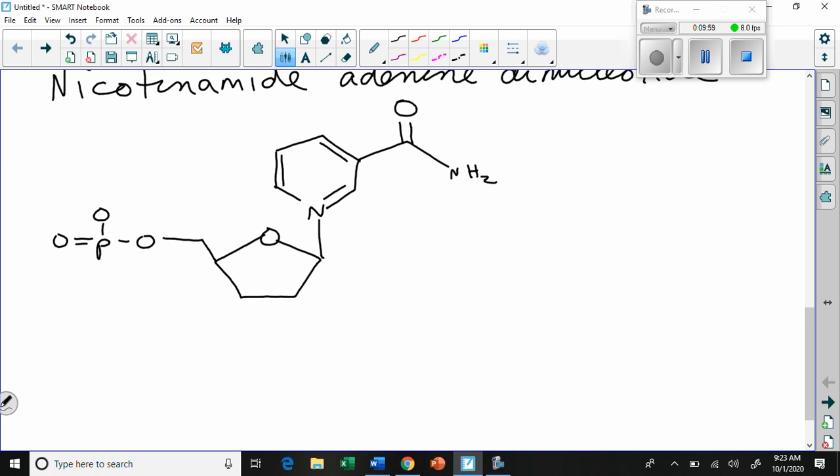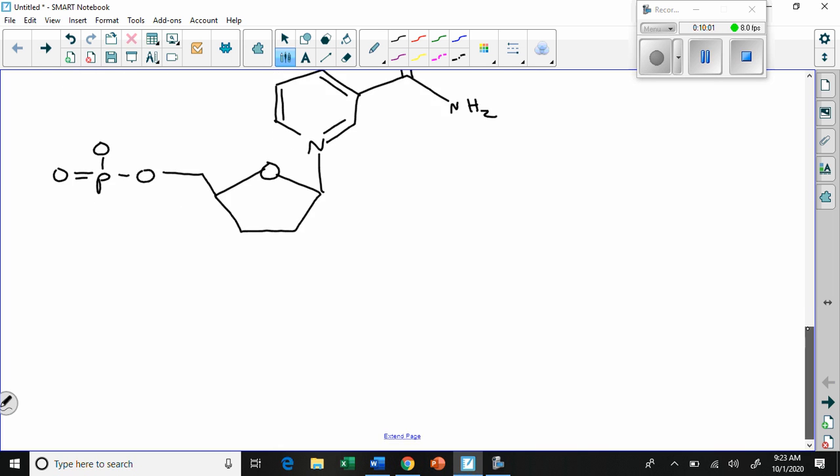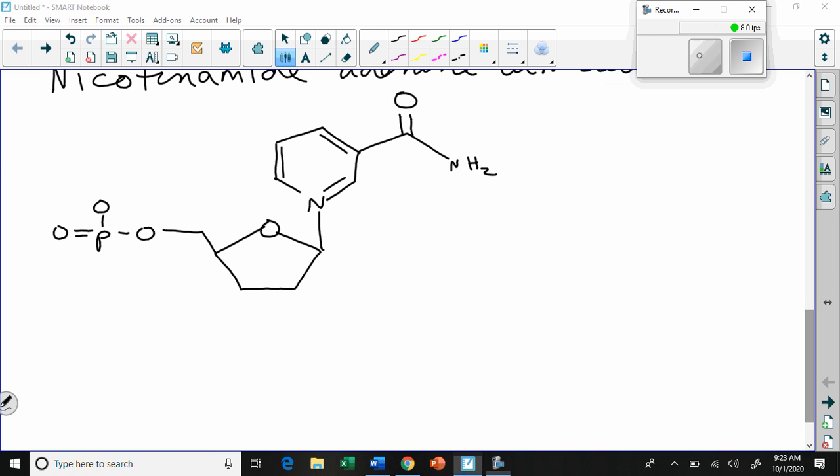Now we need to do the adenine part. Okay, so I'll pause for a second. Nope, I forgot one thing, very important. Right here, there's OHs, because this is a ribose sugar, right? So we can't forget those OHs. Okay, we'll pause for a second, catch up. Okay, a couple of things we have to add here. In this particular state that I'm drawing, there's a plus on this nitrogen right here.